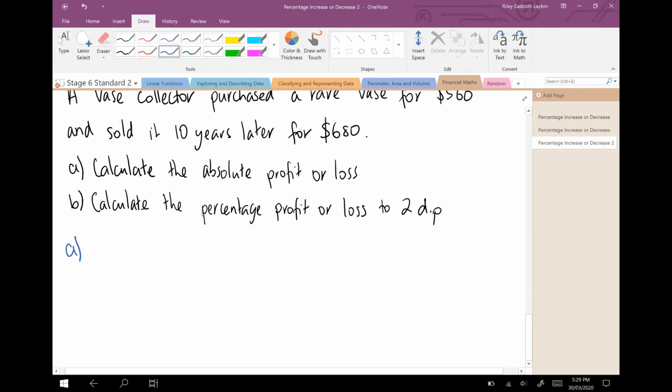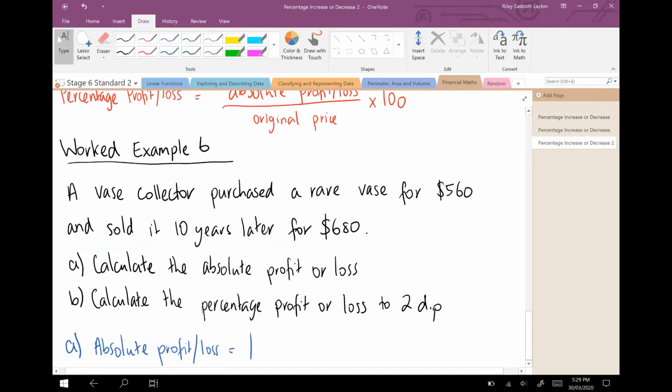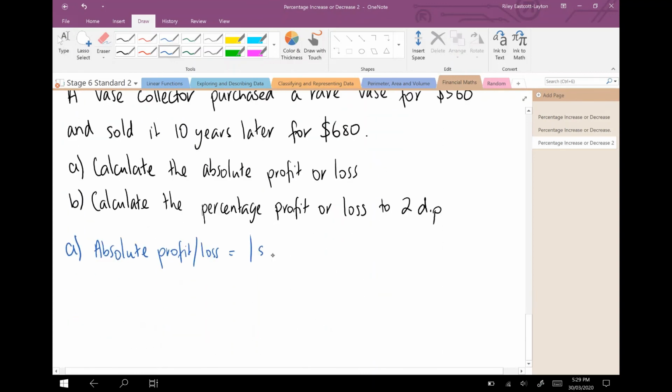Alright, so for this first bit, what we need to do is use our rule. So absolute profit or loss is equal to the absolute value of the selling price minus the original price. Now in this case, our selling price is what our vase collector sold it for, which was $680.